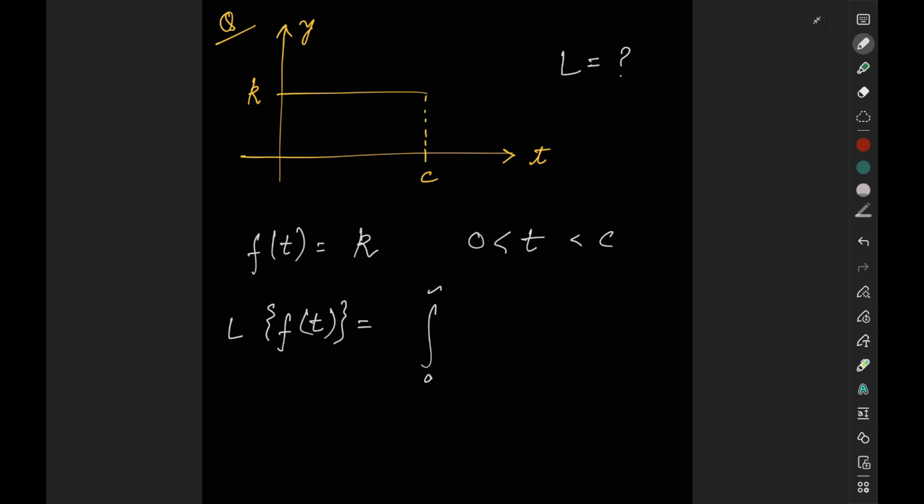It is 0 to infinity e to the power minus st into f of t dt. Now this becomes integration from 0 to c, since f is defined from 0 to c, e to the power minus st into k dt.